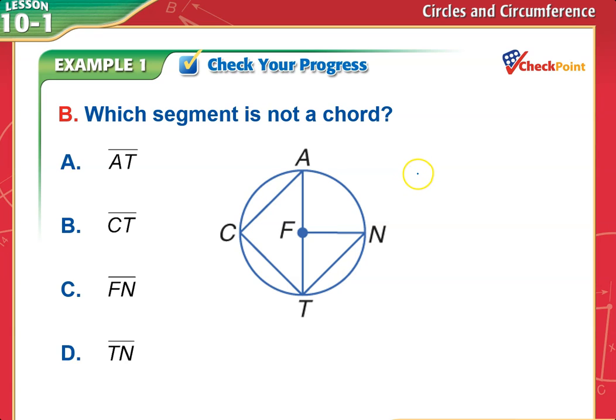Okay, check your progress. Which segment is not a chord? Go ahead and pause your video and answer the question. Segment Fn is not a chord because one of its endpoints is not lying on the circle itself. It lies in the center.